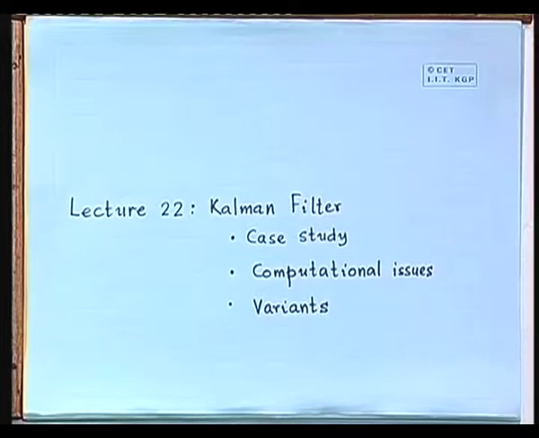At least one very popular variant of the Kalman filter will be mentioned, known as the extended Kalman filter. There are even other variants. We will have time to discuss only one variant, the extended Kalman filter, in some detail, and that will close our course module on state estimation.